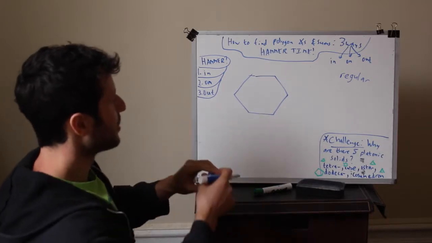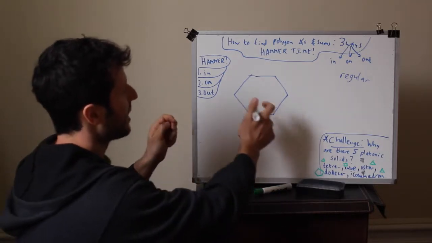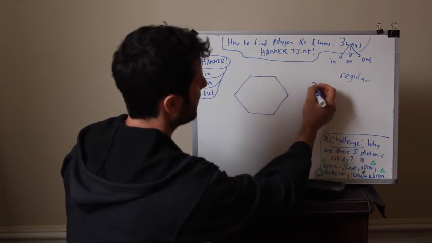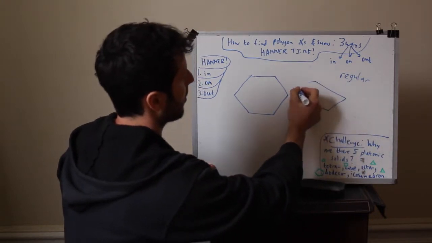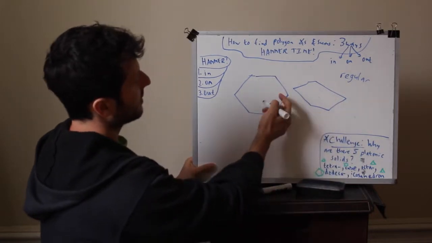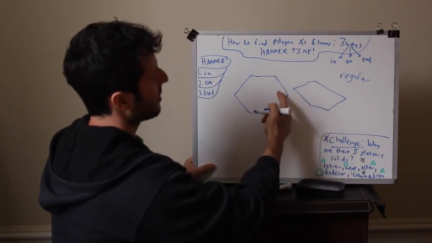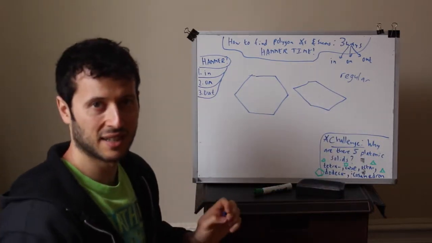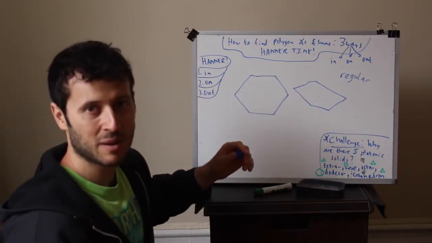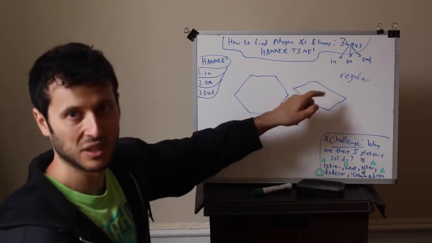So in general, let's say this is not a normal hexagon, so let's say it's kind of like this or something weird. Then clearly, if we focus on these 2 angles, this angle is larger than that angle. So if the polygon is not regular, we may not be able to find every single individual angle.